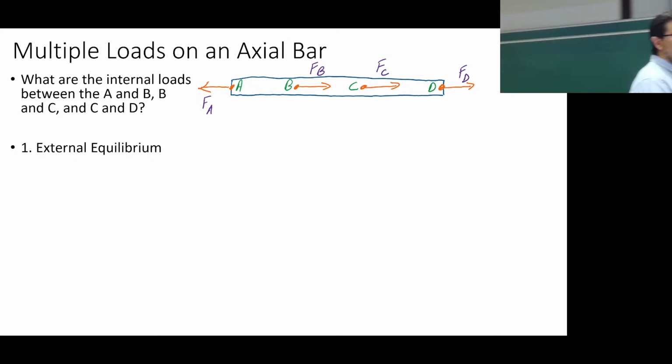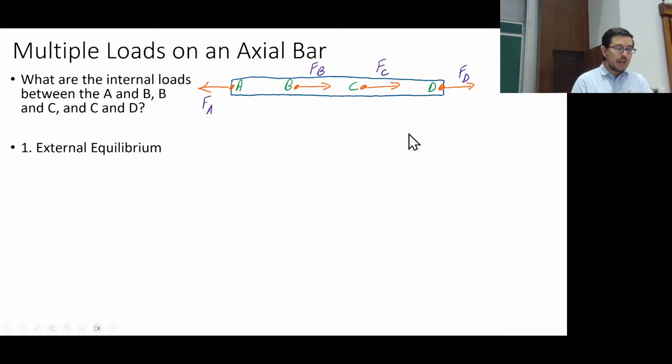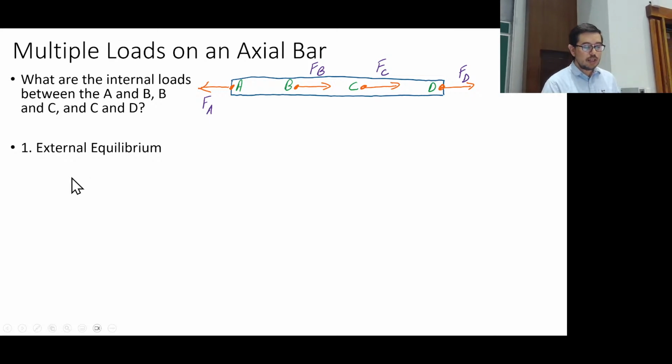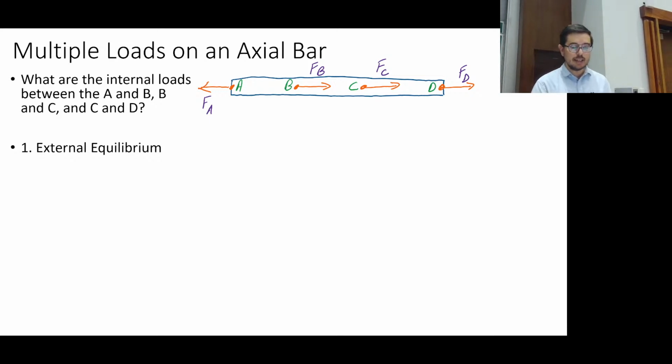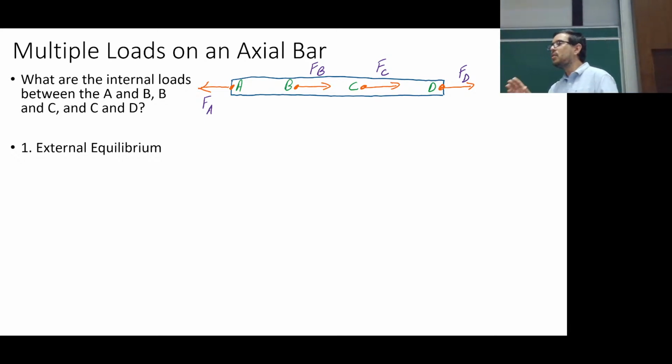So this region can have a different force than this region, that can have a different force than this region. But before we do that, it's probably advisable, and I'll show you some things where sometimes you don't have to do this first step, but sometimes you can just go right to method of slices if you're slick.